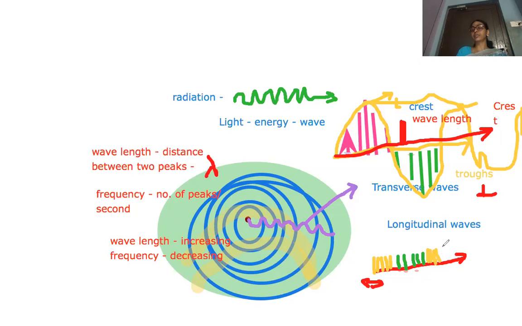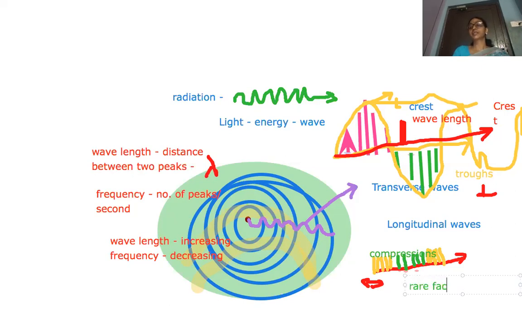The place where the particles are compressed, we call compressions. This yellow one, we call compressions, and the green ones, we call rarefactions.